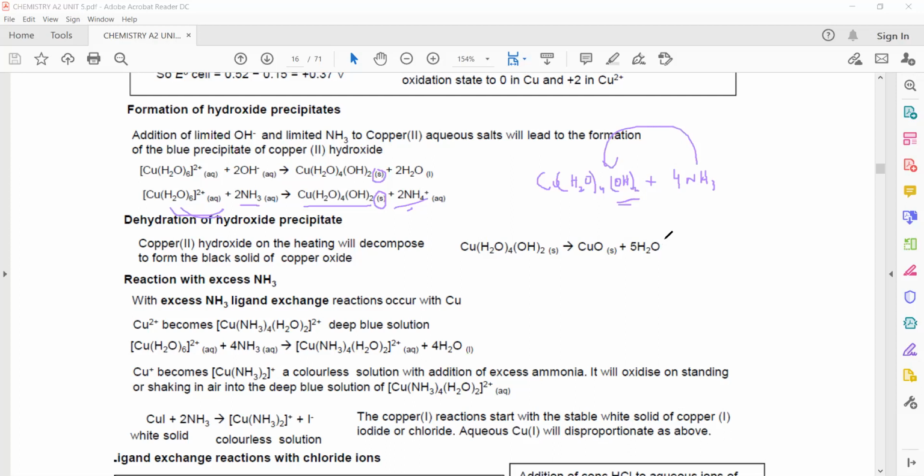So when ammonia displaces this hydroxide, the final product will be Cu(H2O)4(NH3)2.